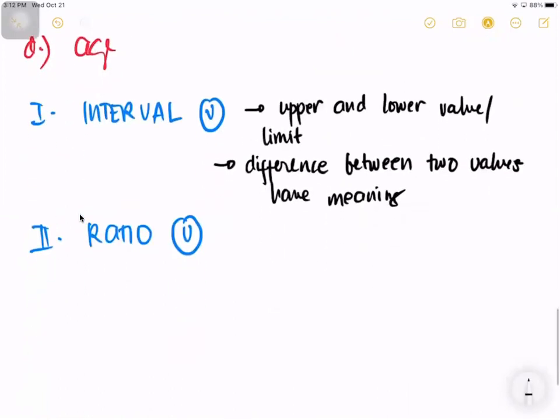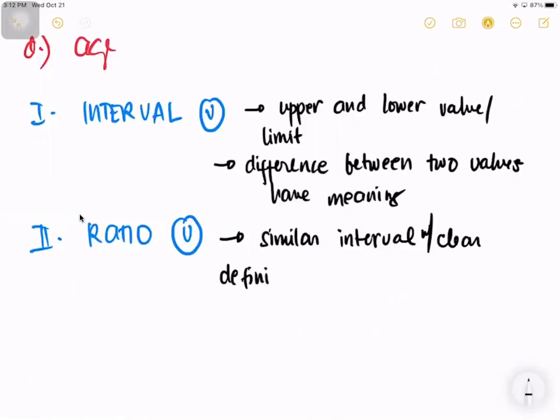Now, your ratio variable, on the other hand, is similar to your interval, except that it has a clear definition of zero.